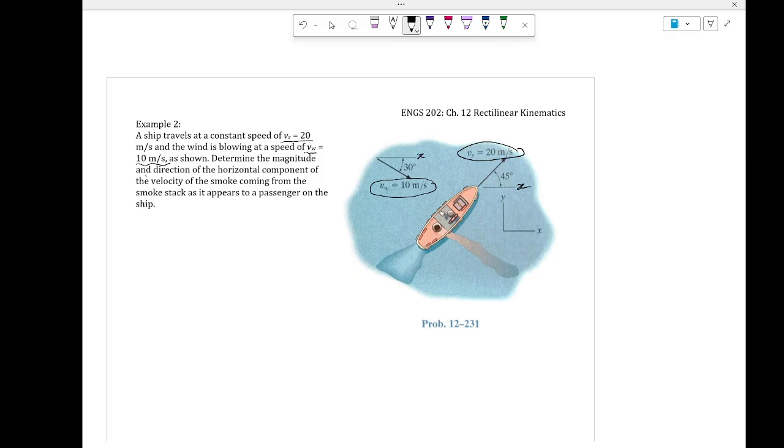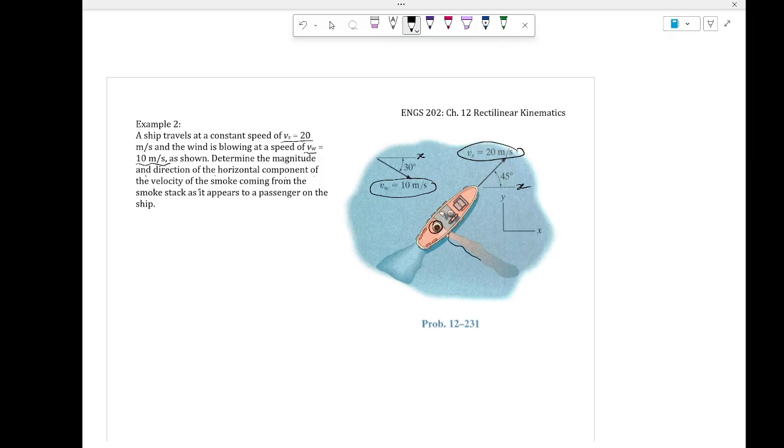Determine the magnitude and the direction of the horizontal component of the velocity of the smoke coming from the smokestack as it appears to the passenger on the ship. See, the smoke is coming from the smokestack, right?